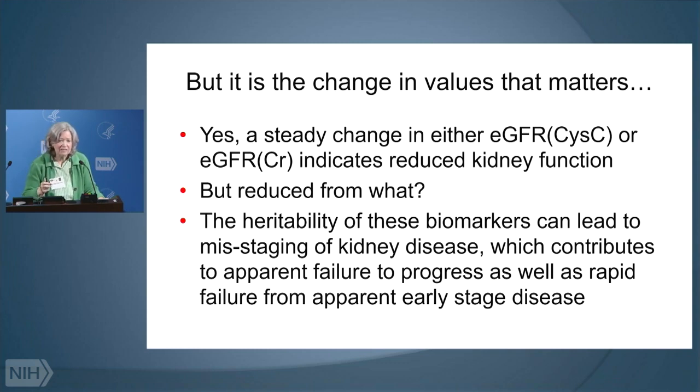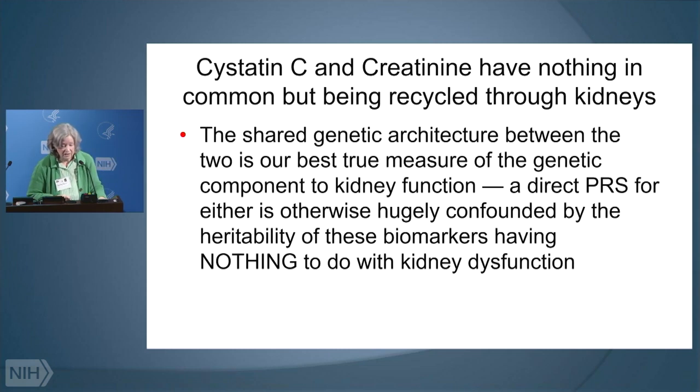And somebody said to be at stage 2 kidney disease may be perfectly healthy or may be at stage 4 just from the distance the genetics that have nothing to do with kidney function takes them. So the heritability can lead to misstaging. This contributes to what we see as failure to progress, but it is also something that, based on our data, would sometimes be mislabeled as acute kidney injury that leads people to early death.